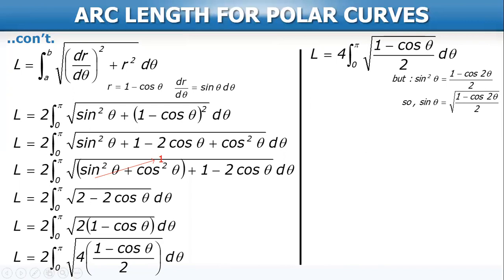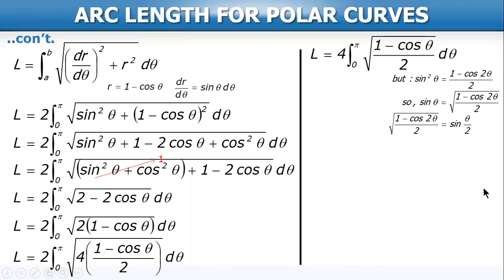If it's 2 theta, it becomes theta. If 4 theta, 2 theta. Twice here: theta to 2 theta, 2 theta to 4 theta, 3 theta to 6 theta. Therefore, if this is theta, then this will be theta over 2.